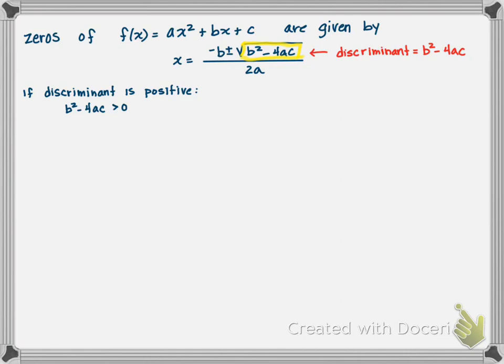So let's think about this. If I have x equals negative b plus or minus the square root of some positive number over 2a, how many solutions are we going to end up with to that equation? We take negative b and add some positive number, and then take negative b and subtract some positive number. How many different numbers does that give me?